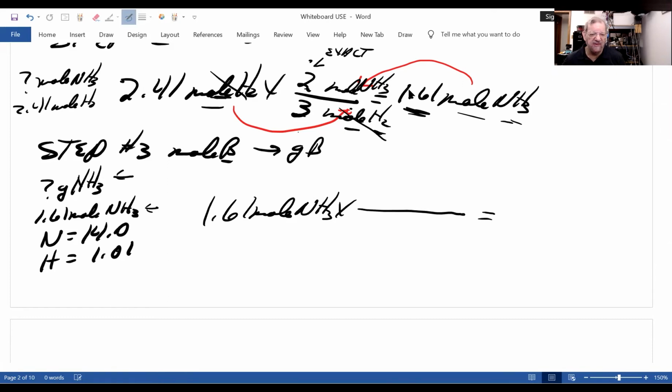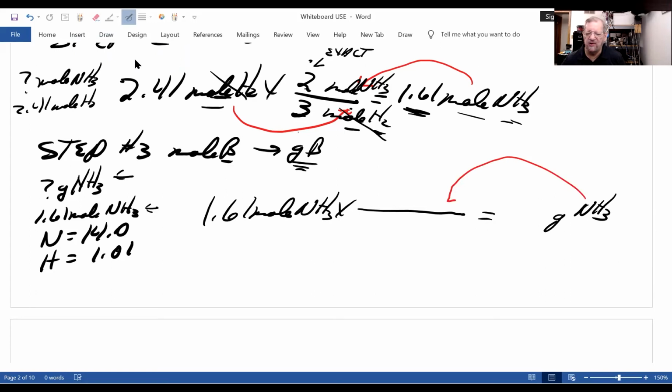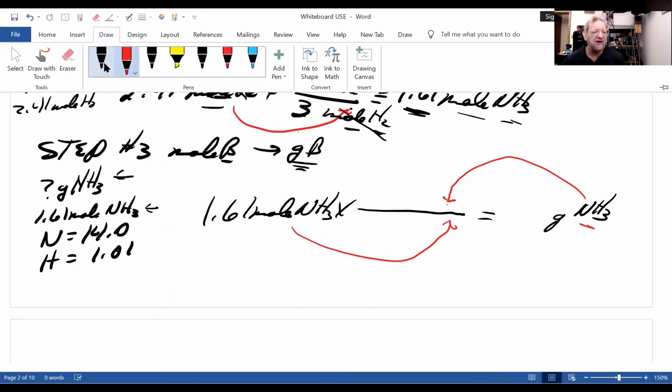Grams of ammonia, which is grams of B. I use my good buddy, my good friend, unit analysis. Whatever I'm trying to get to goes on top of the ratio. Whatever I'm trying to get rid of goes underneath.